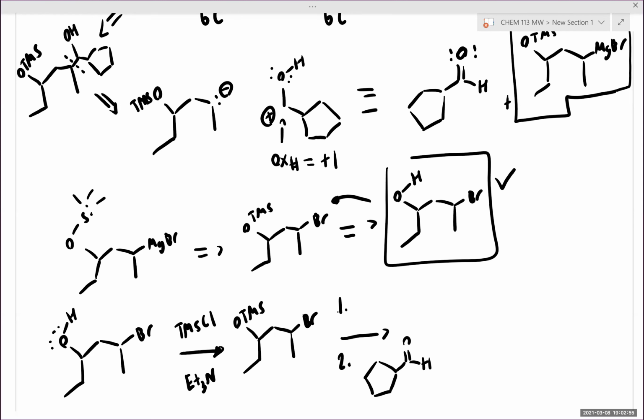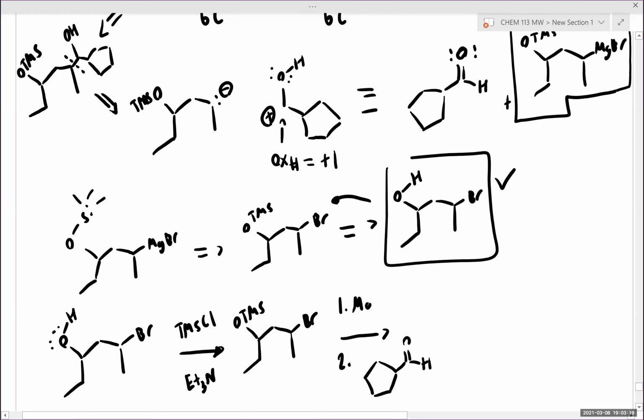What reagents? How do we make a Grignard from an alkyl halide?